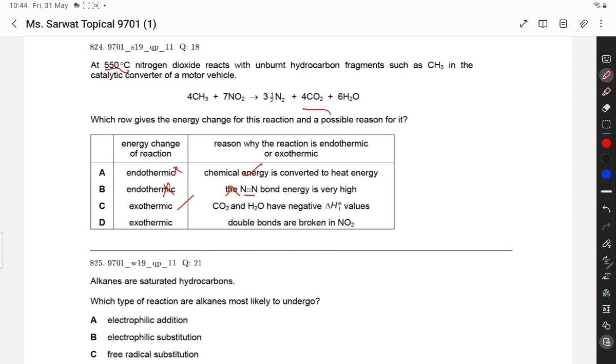Carbon dioxide and water have negative delta H formation values. Yes, this is correct. Exothermic, double bonds are broken in nitrogen dioxide. No, this is not correct. Bond breaking is endothermic and bond forming is exothermic, so that's why C option is correct option.